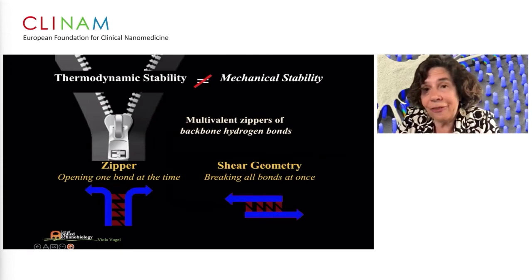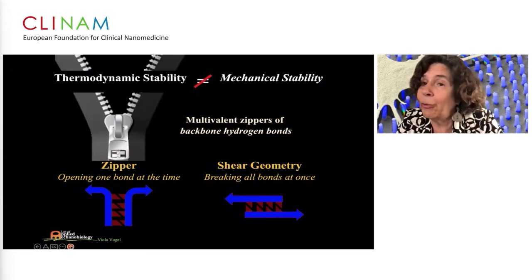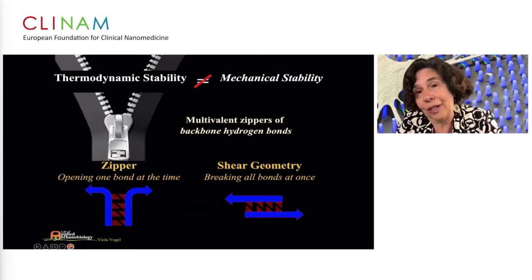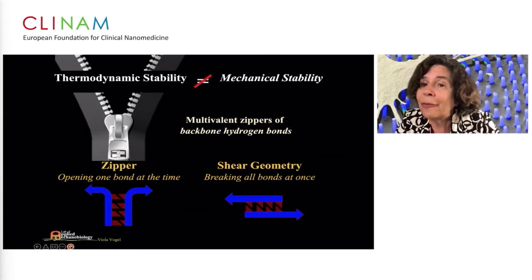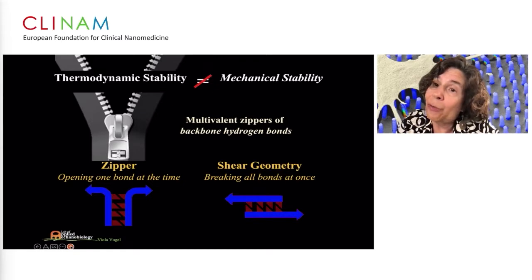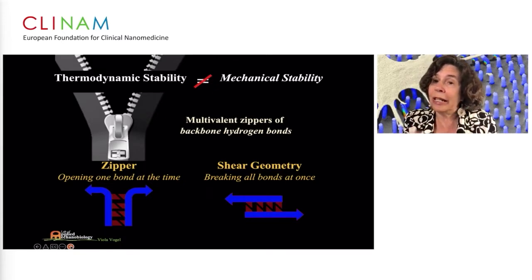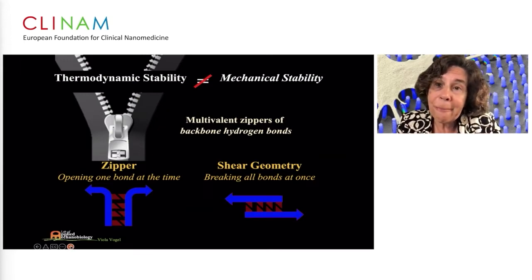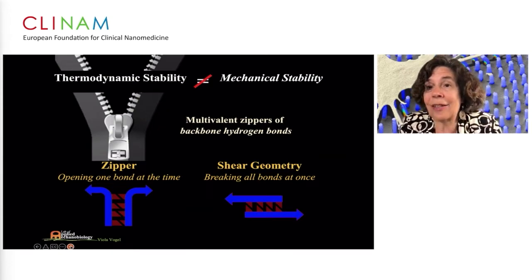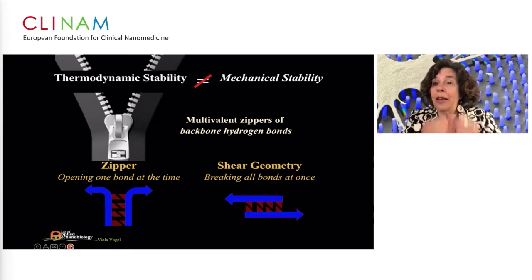One of the key findings was that thermodynamic stability is not equal to mechanical stability, because as you pull a protein apart, force-bearing clusters of hydrogen bonds need to be broken. And there it makes a huge difference how you break these clusters of backbone hydrogen bonds, whether in a zipper mode or in a chair geometry.